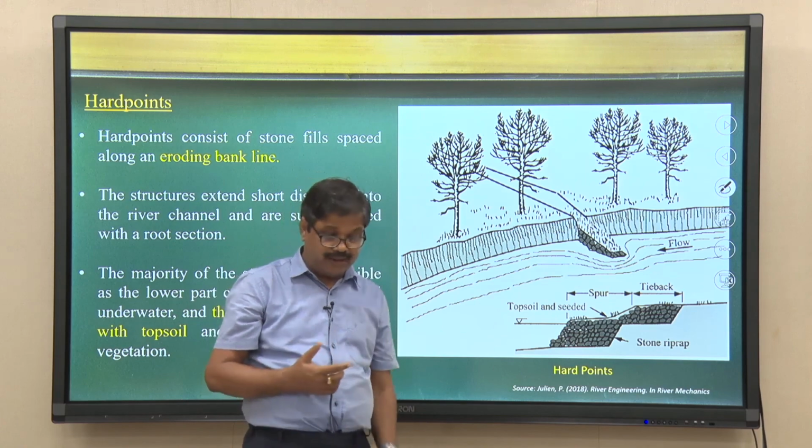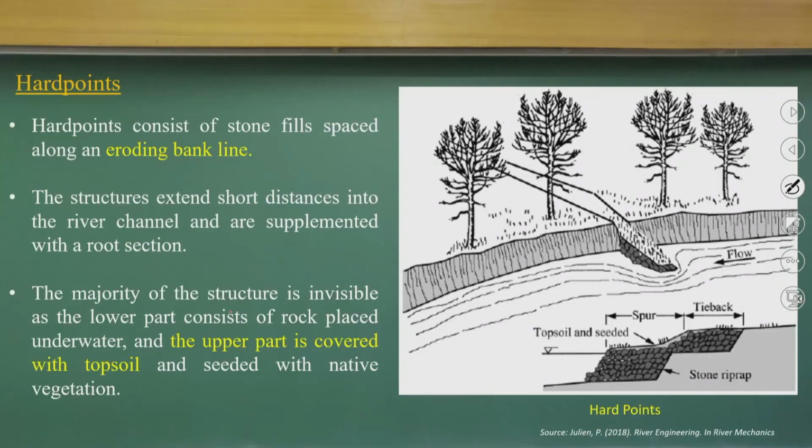What we do is build a small hard point. If this is the bank line and I construct a hard point here, you can understand that the flow will be deflected. Just look at the streamlines; the flow will deflect.